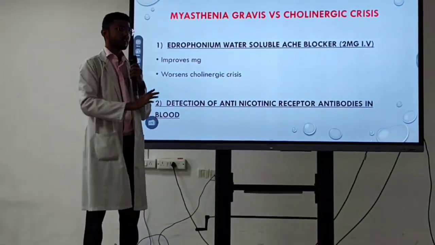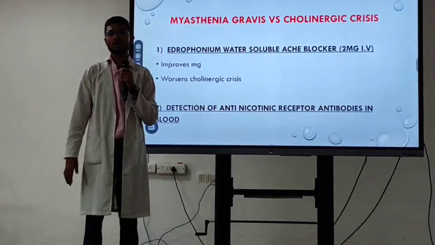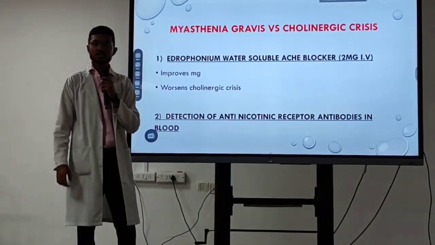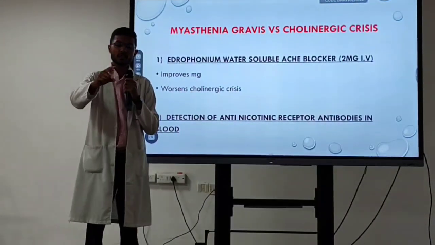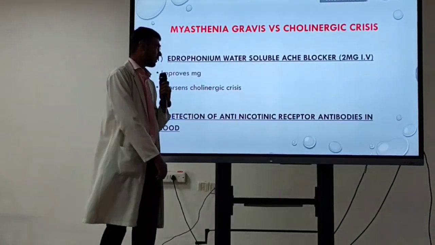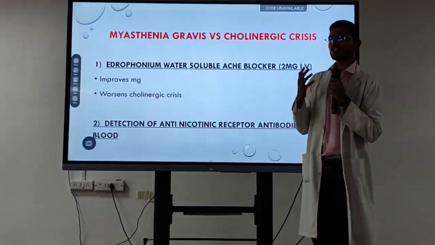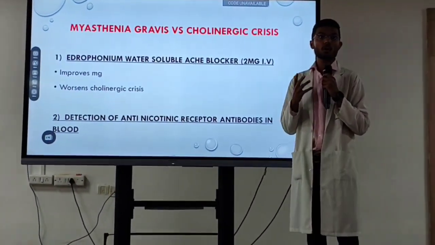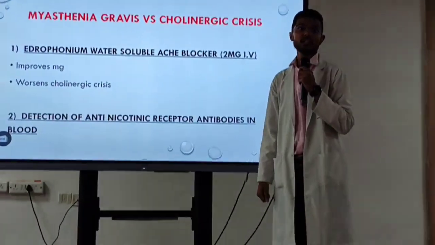In myasthenia gravis, we admit that it causes understimulation of NM receptors. Agree? But there is another condition. If the same receptor gets overexcited, if there is cholinergic overactivity in the body, again the NM receptors won't work. Again there will be muscle weakness.